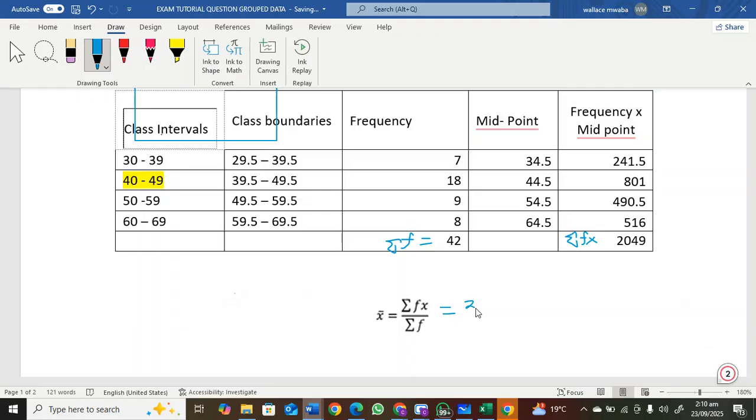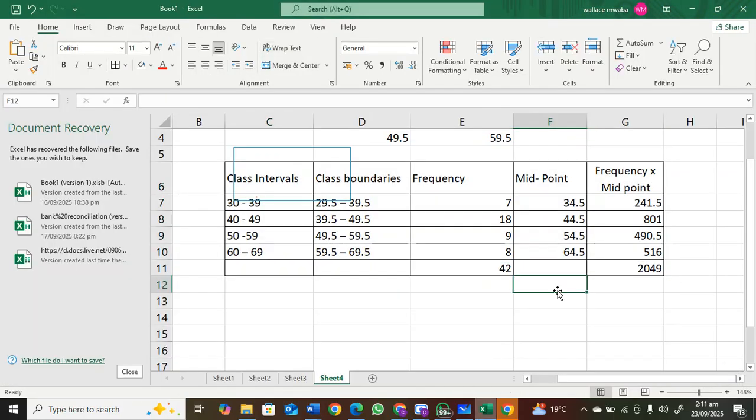So here, 2049 divided by 42. So 2049 divided by 42, get 48.78.